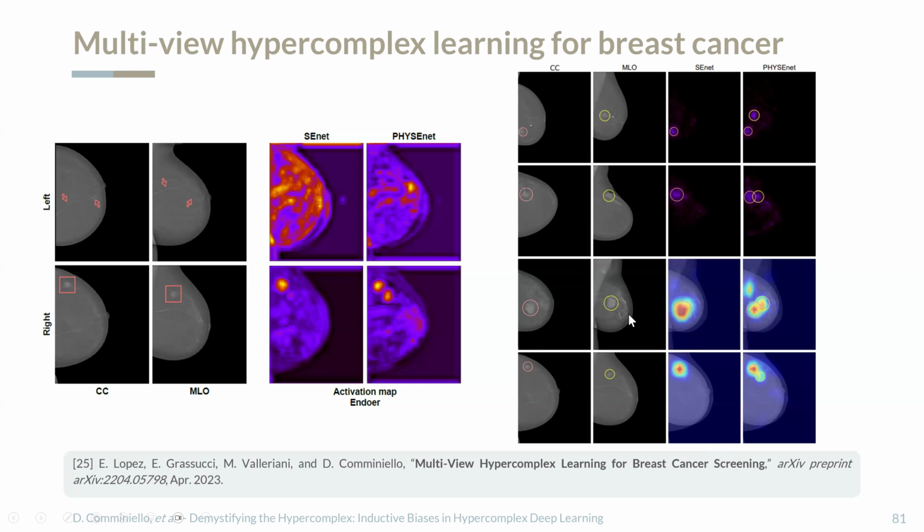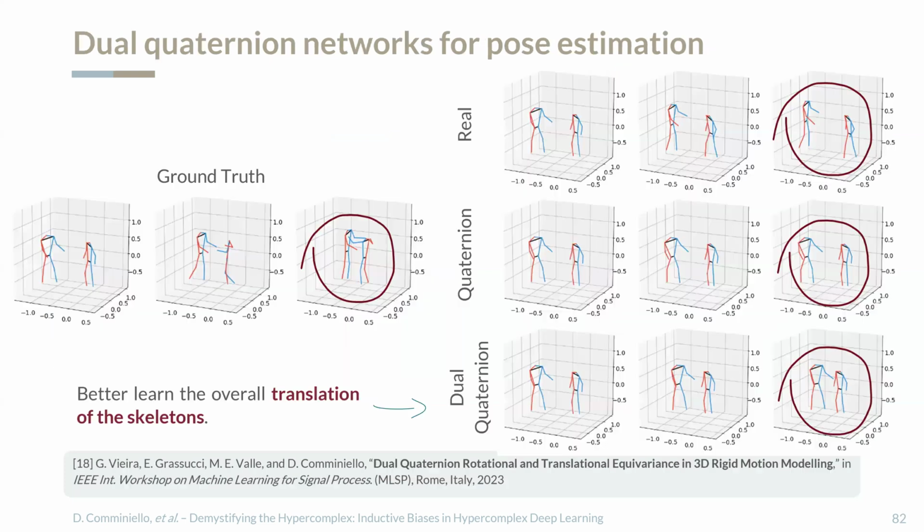While if you use the hypercomplex model, you are able to visualize and detect all the areas of interest. And the same for the other examples. It is very interesting because it can give a different perspective and be very useful for this kind of application, also considering the huge saving of parameters that we obtain.